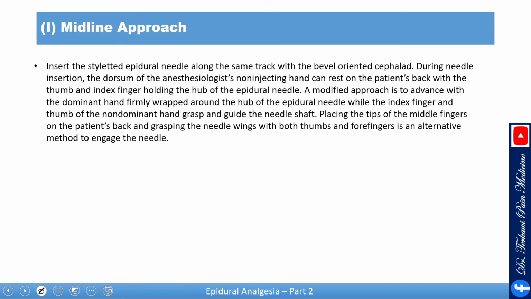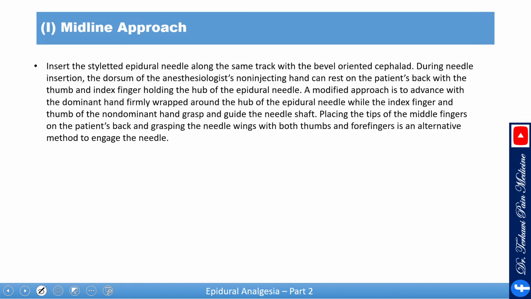Insert the stylated epidural needle along the same track with the bevel oriented cephalad. During needle insertion, the dorsum of the anesthesiologist's non-injecting hand can rest on the patient's back with the thumb and index finger holding the hub of the epidural needle.